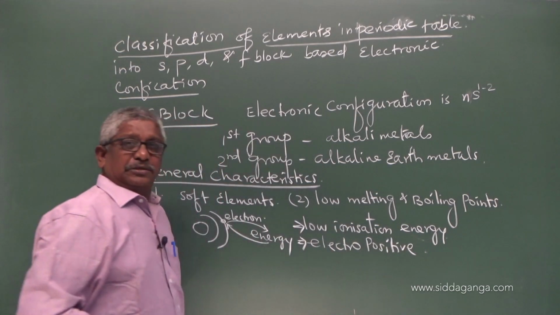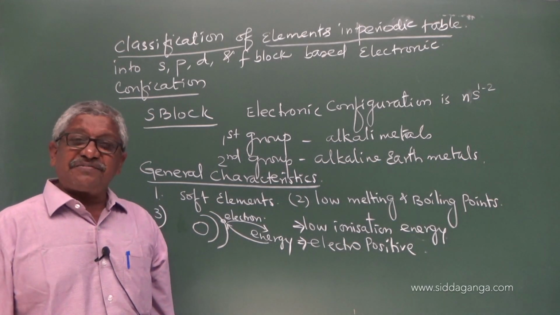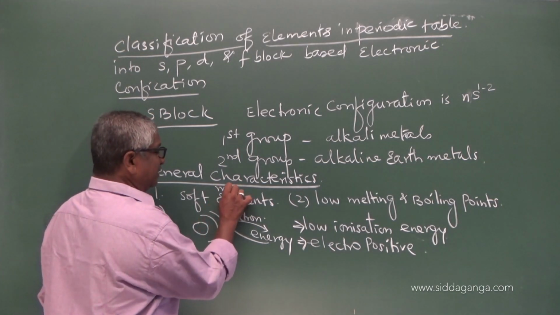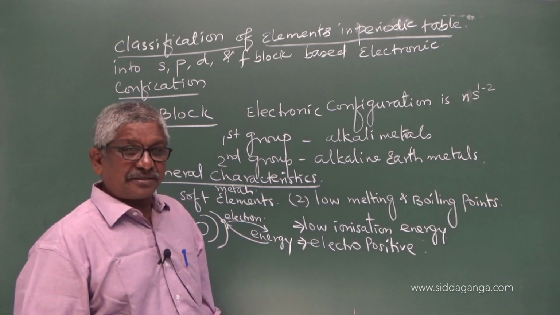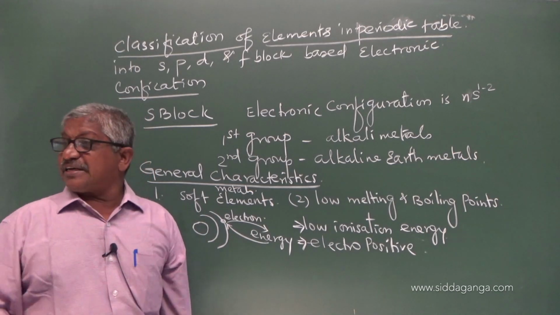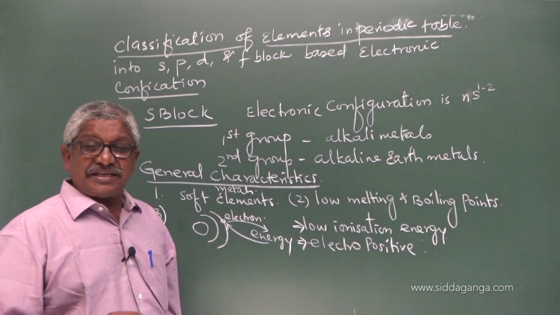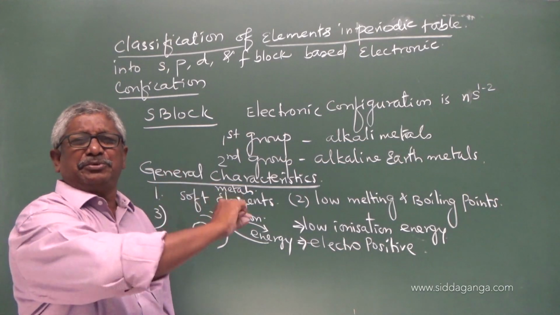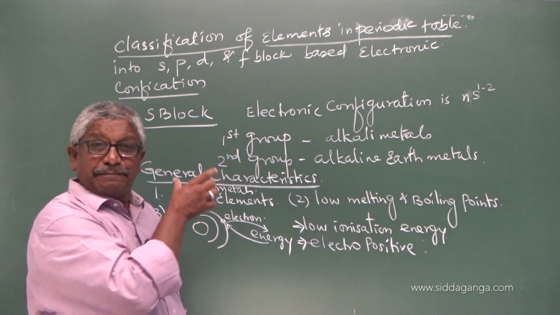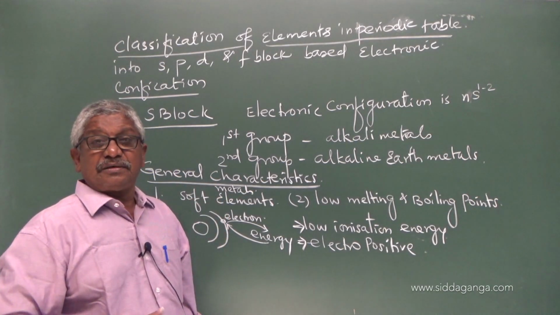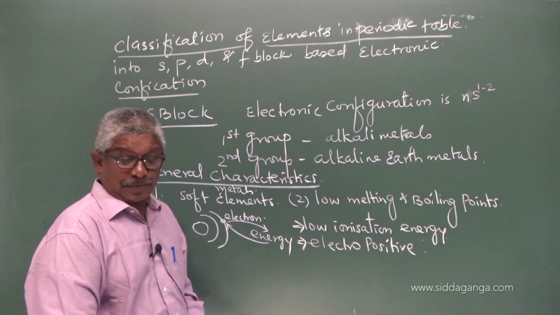So the general characteristics of the S block: first, they are soft metals; second, they have low melting and boiling points; third, they have low ionization energy, that means less energy is needed to remove electrons. Due to this low ionization energy, the S block elements are electropositive.